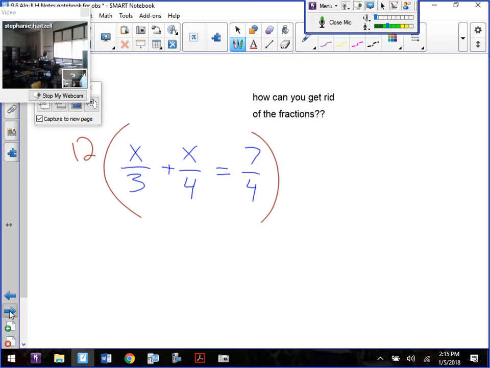So it becomes 4x plus 4x plus 3x is 21. And again, the reason why it's 21 is because it's 12 times 7 over 4. Well, 4 goes into 12 3 times. So this is real tough. 4 plus 3. I am asking a lot of you.